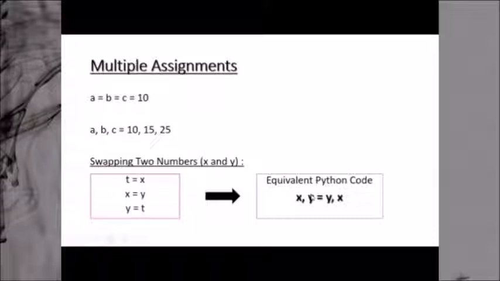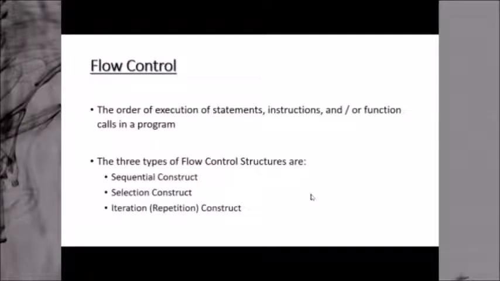So this is the beauty of Python assignment statements and Python programming, that in very few lines you can easily perform a complicated task. We will see similar things later also, which are quite difficult in other programming languages, but when you do the same thing in Python, it's very easy.